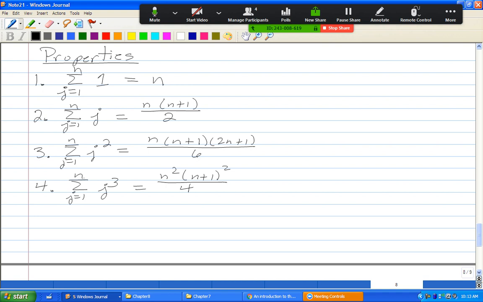You can show, of course, each of these can be shown using mathematical induction, but maybe I'll show this using a different technique. So let me maybe just do one of these, doing it an alternative way.